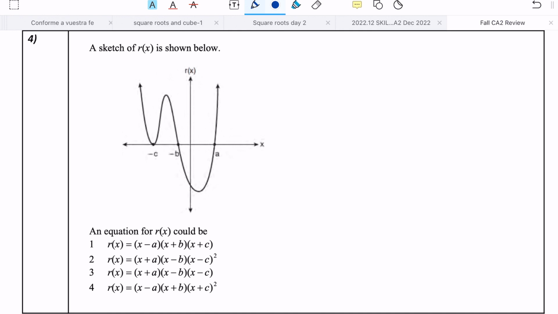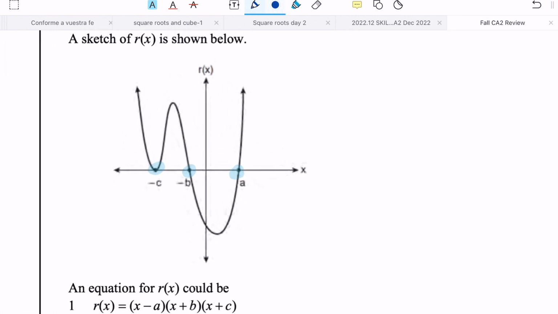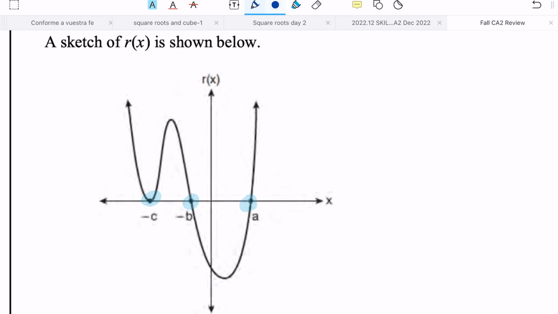All right. For number 4, it says a sketch of R of x is shown below, where we have x-intercepts at a, negative b, and negative c. An equation for R of x could be, and we have our 4 choices. Okay, now let's look at our sketch here. From our sketch, let's just say that this is negative 5. This is negative 2.